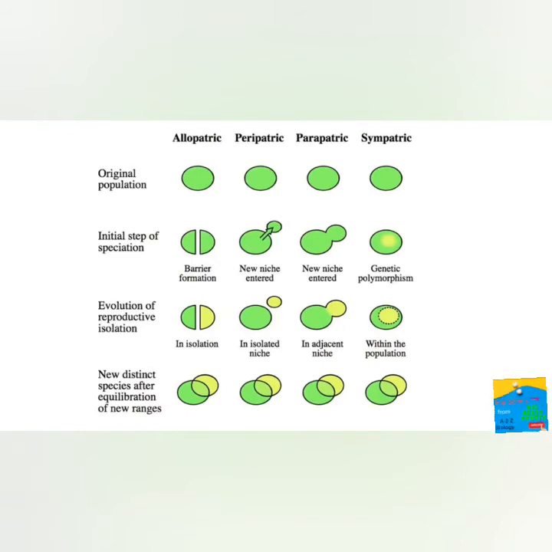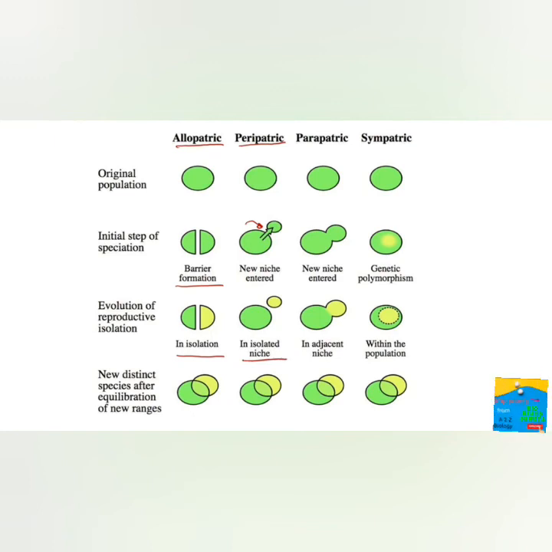To summarize, allopatric speciation occurs due to geographical isolation, and both the species evolve separately. Peripatric speciation is like allopatric speciation occurring at a small level, where the geographical barriers separate the two species at the periphery and evolution occurs separately.